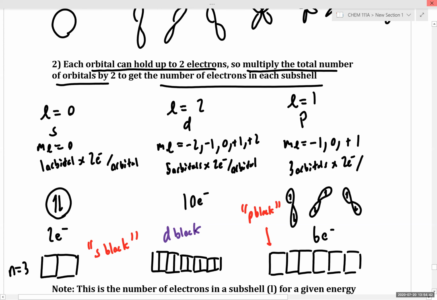This also explains why the D block appears at the 3rd row and below, because L equals 2 is only allowed when we have n equals 3 or greater.